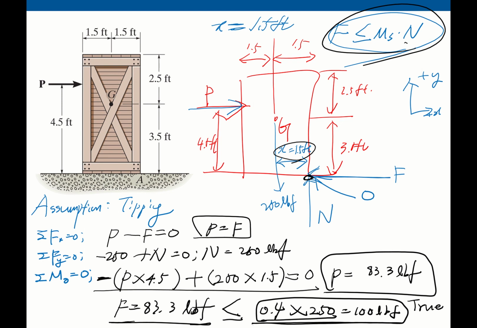So we can say that the maximum pushing force to create the motion of this crate is 83.3 pound force. This is the maximum force we can push, and we can say that the movement is tipping, not slipping. Okay?